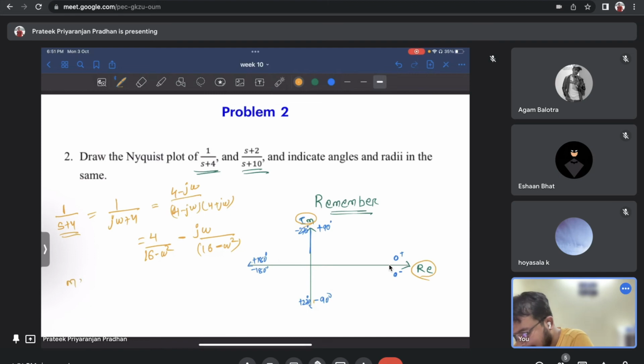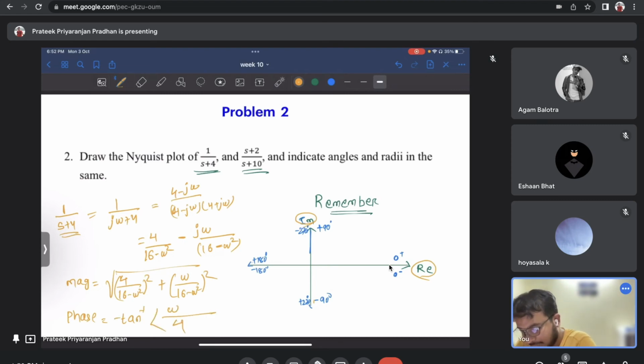The magnitude I can write as root over of 4 by 16 plus omega square whole square plus omega divided by 16 plus omega square whole square, and the phase will be negative tan inverse of omega divided by 4.